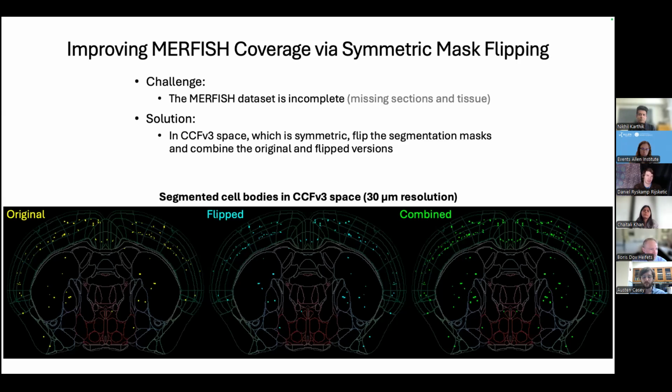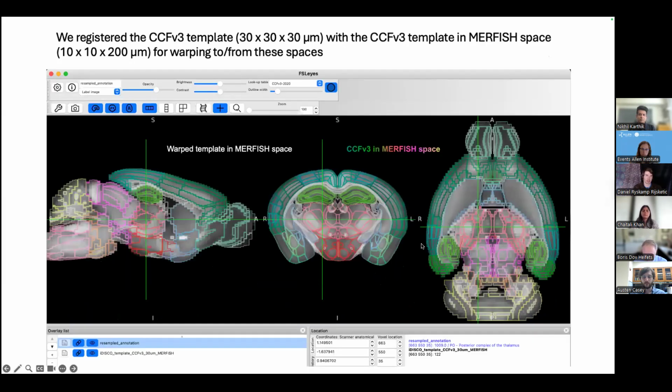And also, we just wanted to fill in the data set more completely, or where the cell bodies are located more completely, so that we'd have more cells to quantify in the Merfish data set. So for this, we took the original image, we flipped it, and then combined the original and the flipped image and used that for warping to Merfish space.